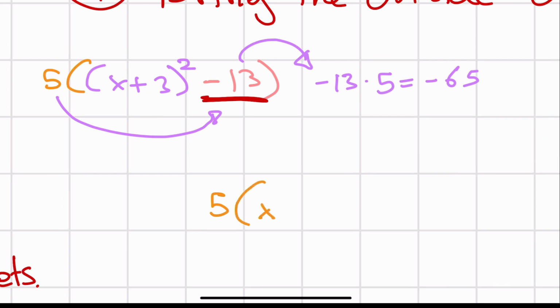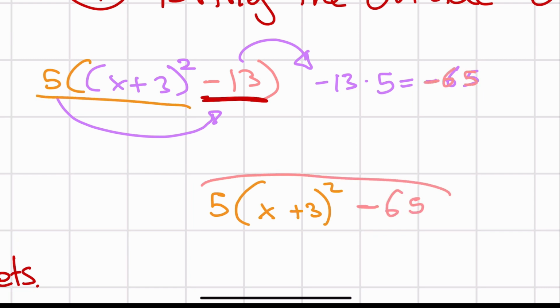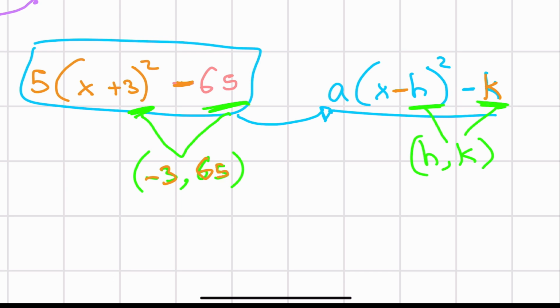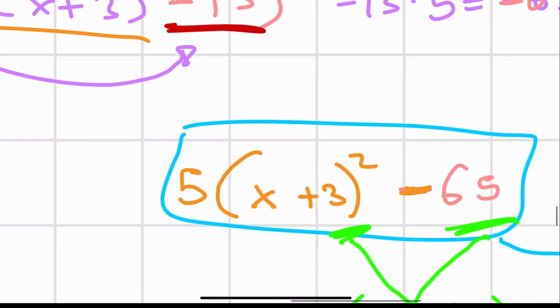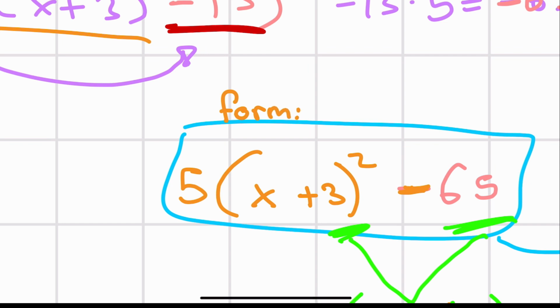Now I can write this as 5 times x plus 3 squared, this part, minus my constant brought outside of the brackets. Yes, our vertex is minus 3, minus 65, and our form looks like this.